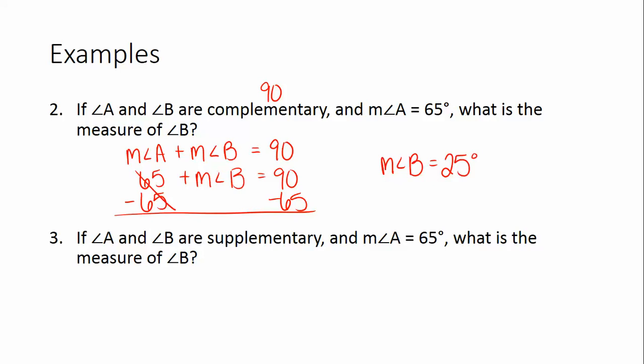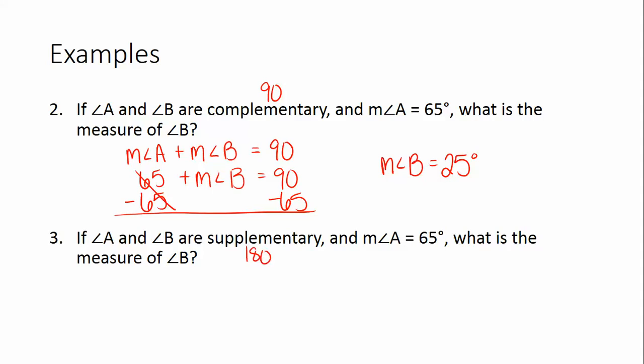Now I realize some of you probably could have solved that a lot faster. You just grab your calculator, do 90 minus 65, and you get that the measure of angle B is 25. I just set up an equation, and you can do it either way. Now we're going to say that angle A and B are supplementary. Remember, that changes things. Now they're going to add up to 180.